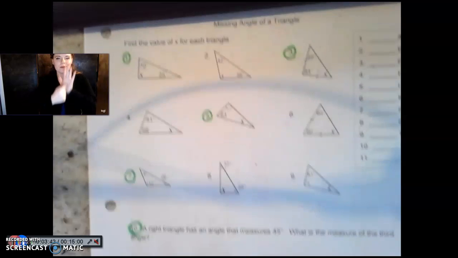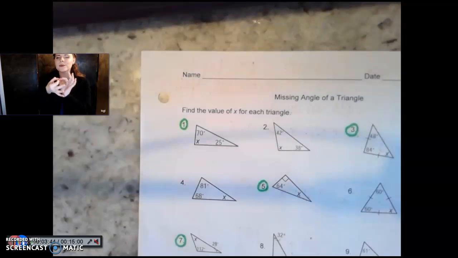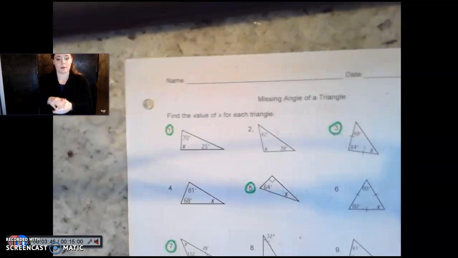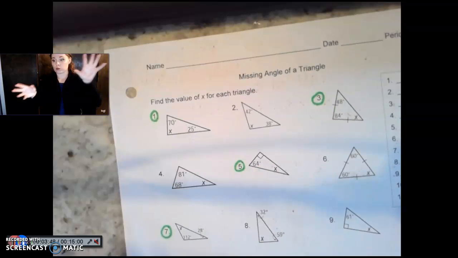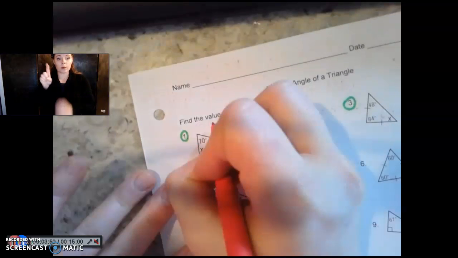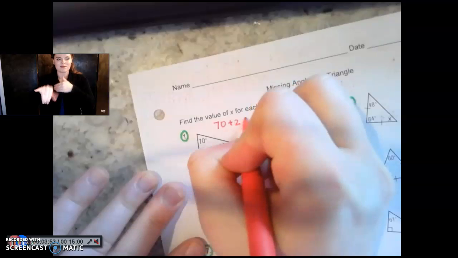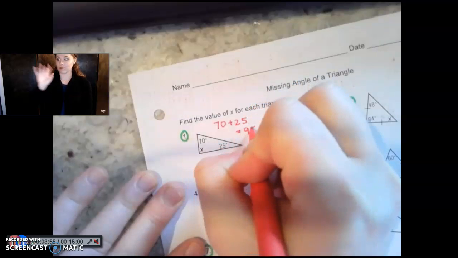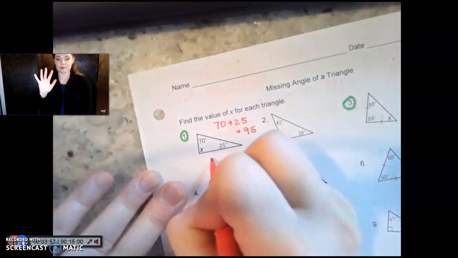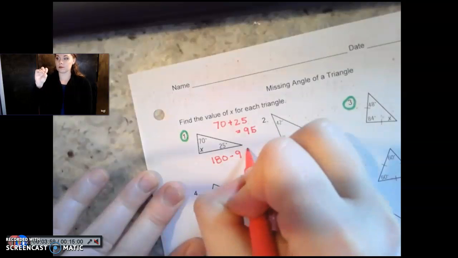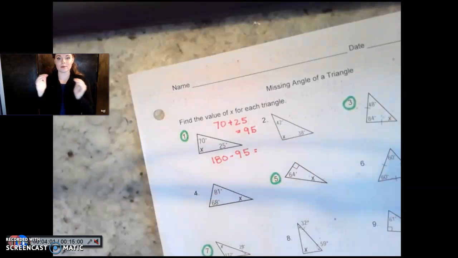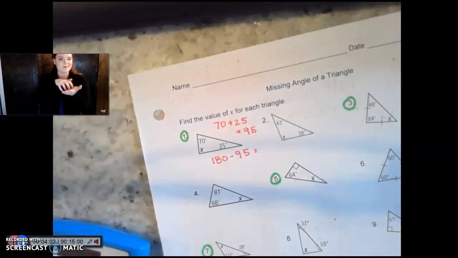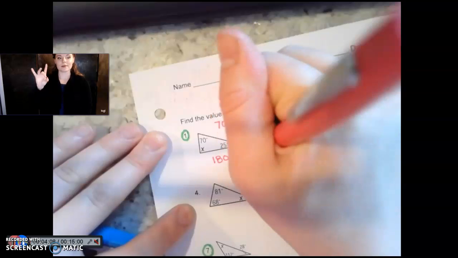Now we had a simplified way of solving this, and it was to add the two angles and subtract from 180. So 70 plus 25 is 95, and 180 minus 95, grab a calculator if you need to, is 85 degrees.